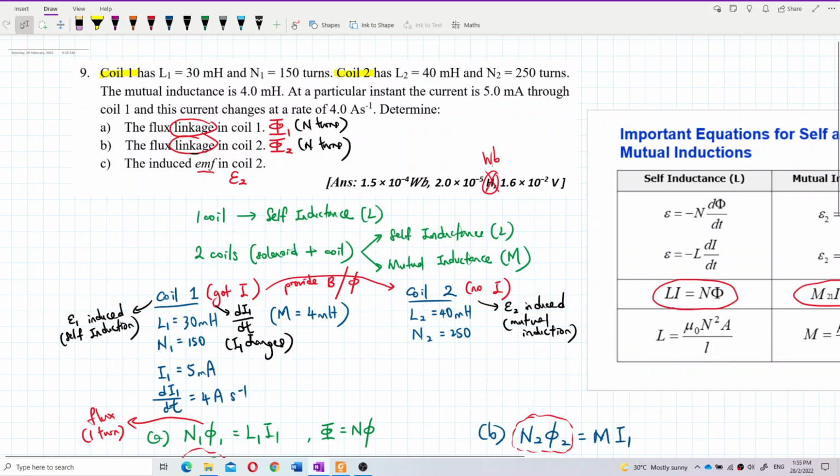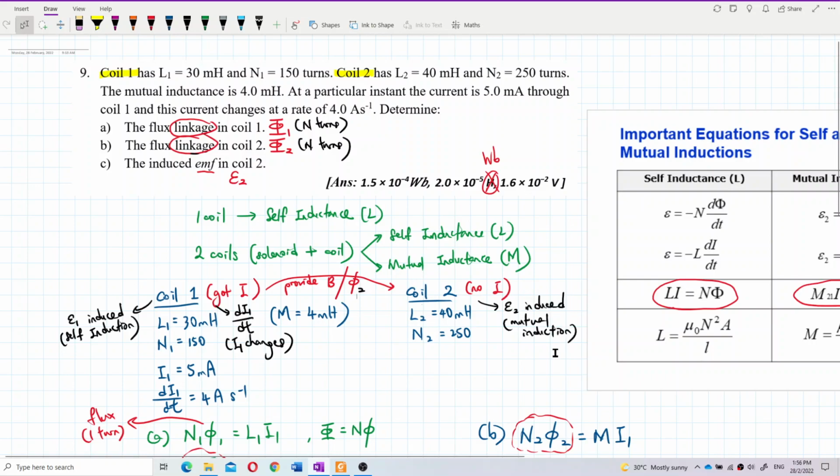When the current in coil 1 changes, the magnetic flux it provides to coil 2 also changes. This is the magnetic flux for coil 2. Because there is a magnetic flux change in coil 2, there is an induced EMF in coil 2.